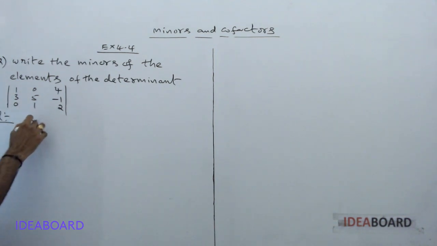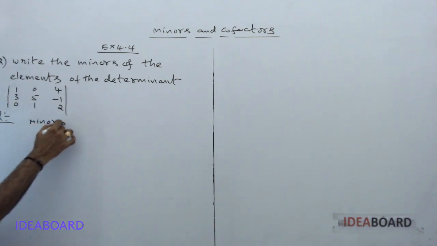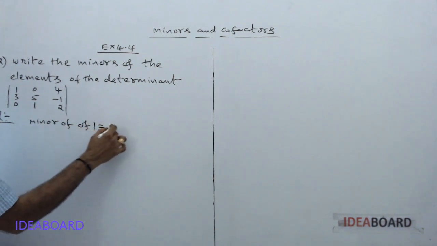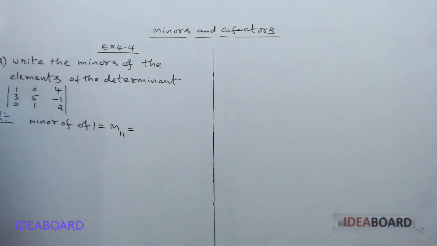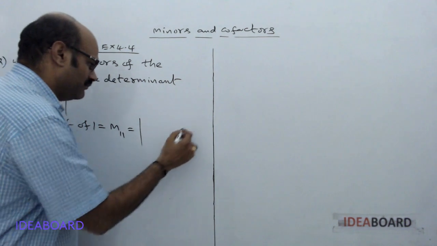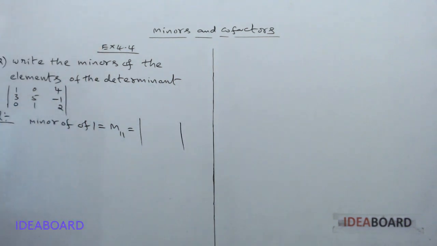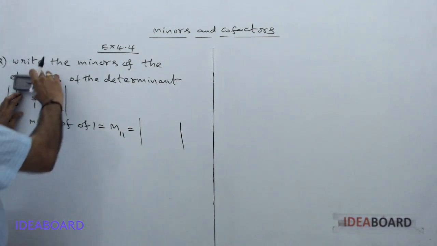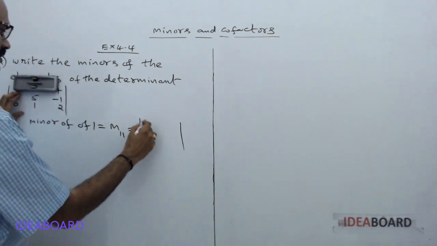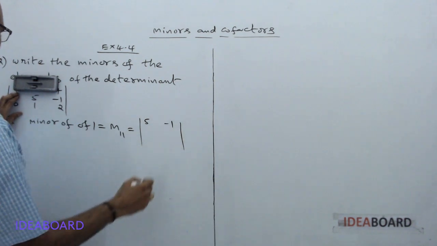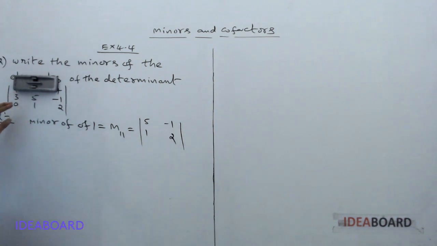So minor of 1, M11, equals the determinant of... here the element 1 lies in the first row and first column. So we have to remove the first row and first column. The remaining elements are 5 minus 1, 1 2.